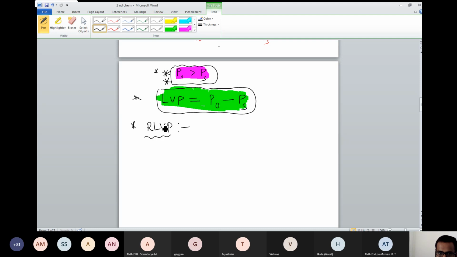RLVP means relative lowering of vapor pressure.